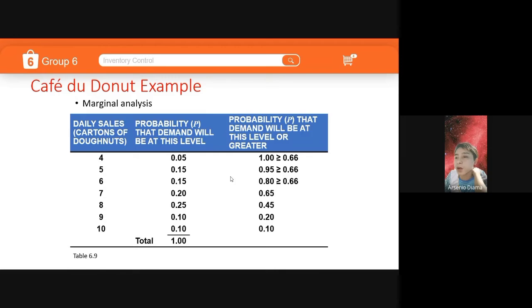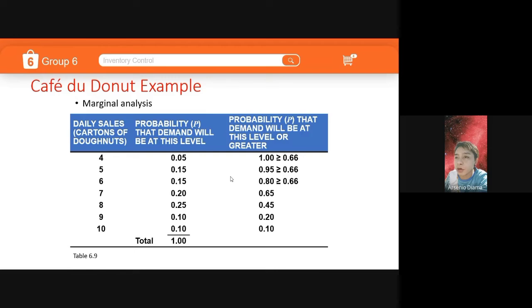Then, you start at 100%. For 4 cartons, from the given 100%, minus 0.05, the probability of 4, is equal to 0.95. Then check if it satisfies the optimal decision rule. Since 0.95 is greater than 0.67, it still qualifies. We continue the procedure.